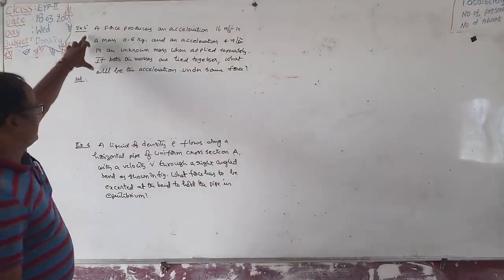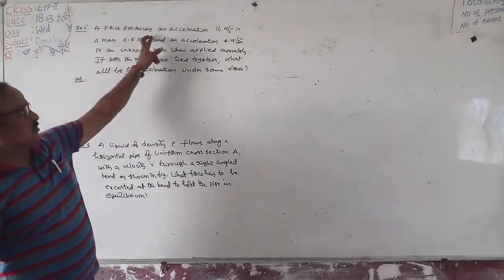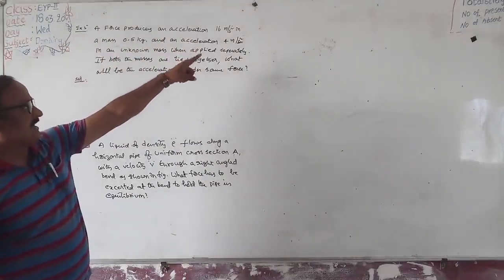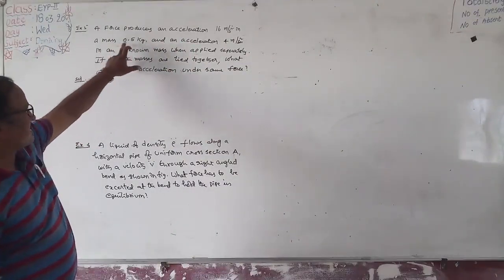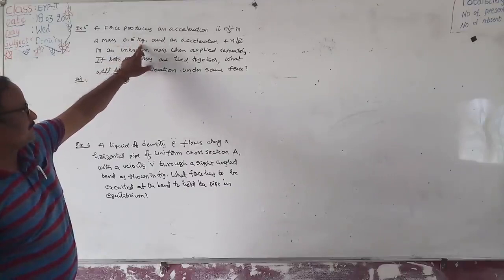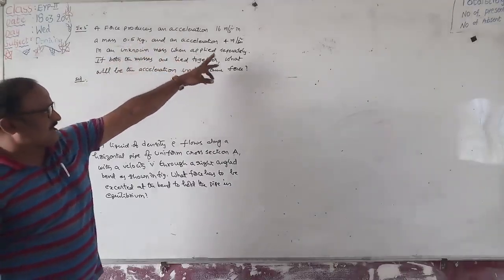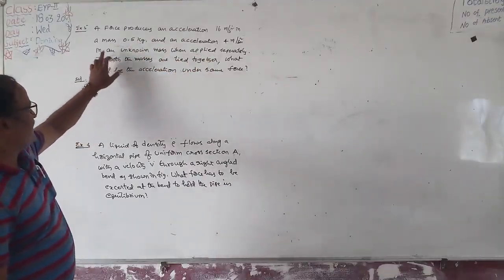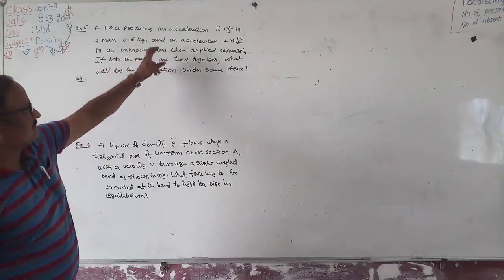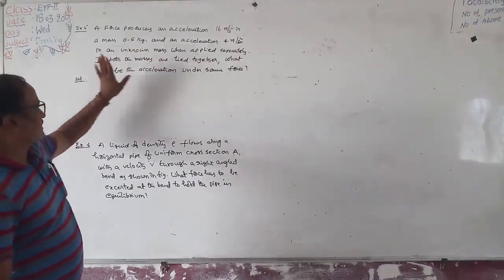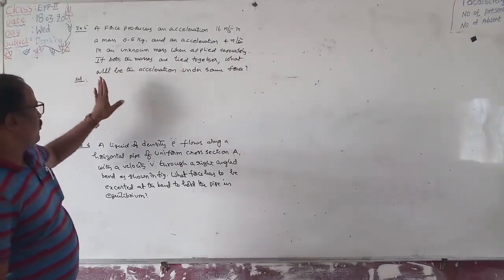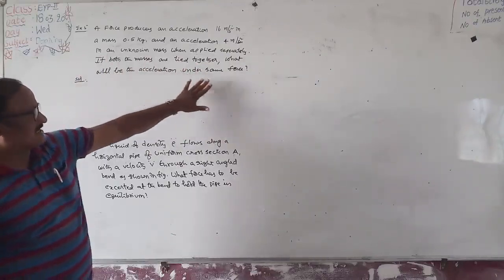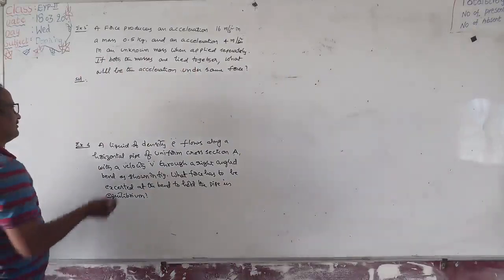See here the next example. A force produces an acceleration of 16 meter per second square in a mass of 0.5 kilograms, and an acceleration of 4 meter per second square in an unknown mass, when applied separately. If both the masses are tied together, what will be the acceleration under the same force? Very nice problem.